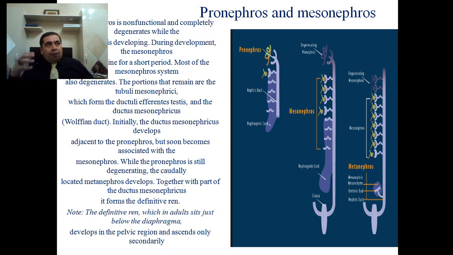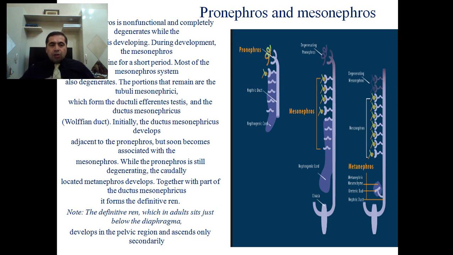Like an umbrella, it forms the ureter, renal pelvis, major calyces, minor calyces, and special metanephrogenic tissue is here. Metanephrogenic tissue is the source of development of the final kidney, the metanephros. From the metanephric tissue develop the elements of the nephron: glomerulus, capsula glomeruli, proximal convoluted tubule, distal convoluted tubule, and Henle's loop.